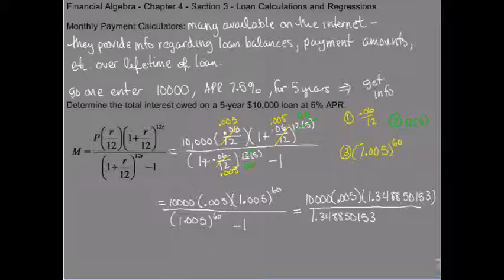Okay, and then I'm going to multiply that by 0.005 and then times 10,000. Oops, I forgot the minus 1. And that's your monthly payment.